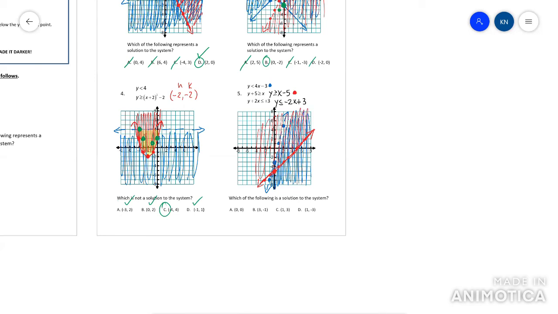All right, and then the last one. Start your y-intercept at +3. You're falling 2, running 1. And it's going to be a solid line as well because it has the or equal to.